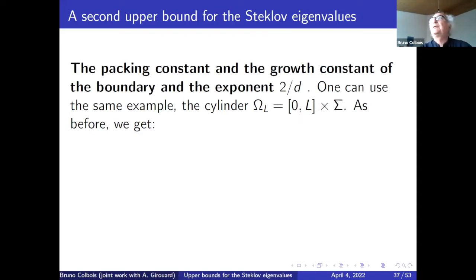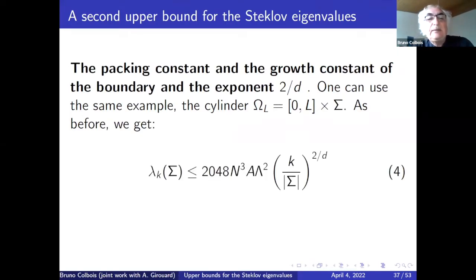This is equal to the first eigenvalue, which we have as an expression with respect to the Laplace spectrum. And so you do the same and you get the following: lambda k of Sigma is less than this number here. Because you have a product, the n and r are fixed, the distortion is just 1.